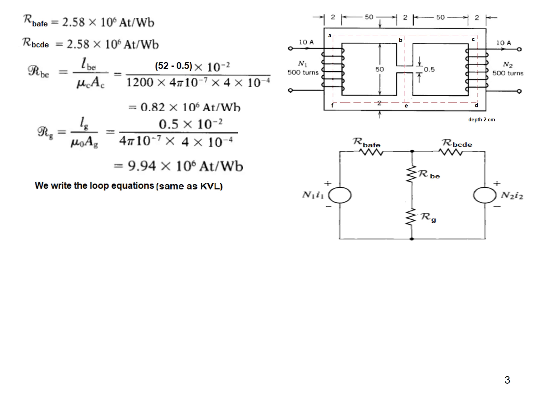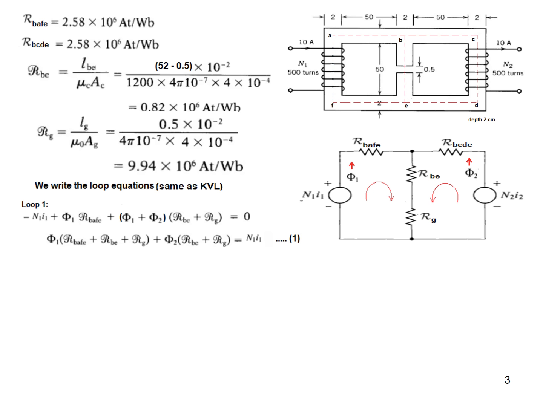And now we write the loop equation, same as the KVL equation. So we take this loop, and from here this loop. Okay, so these are the 2 loops. Just imagine that these are currents.